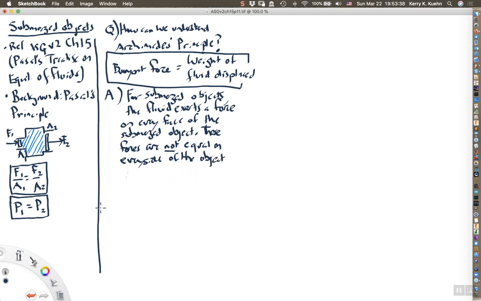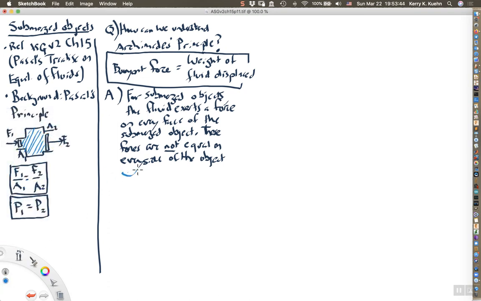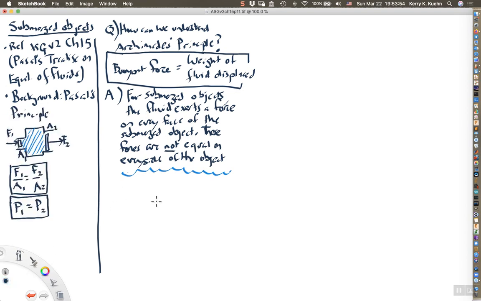So imagine we have, let me draw some water here. So we have water, and let's suppose that we put a block of material underwater. Okay, and the idea is that the water above it is exerting a downward force.